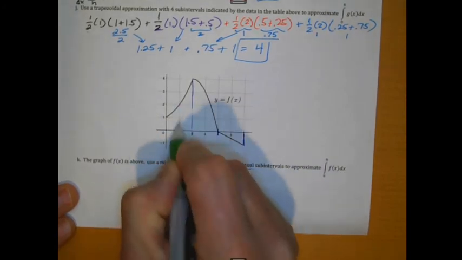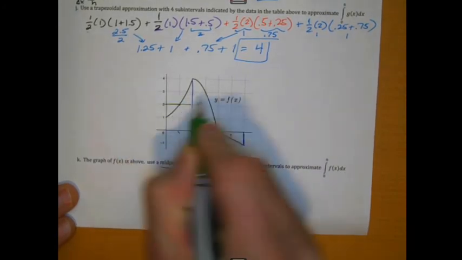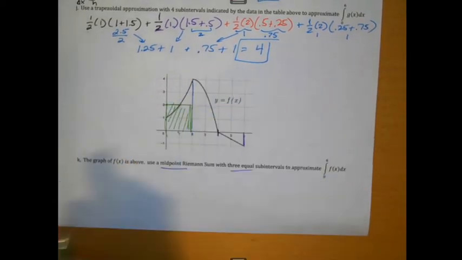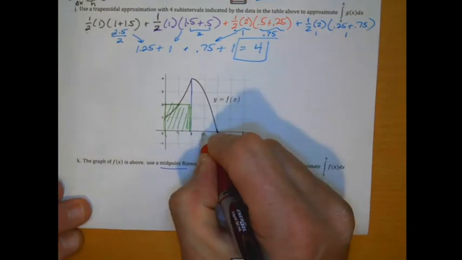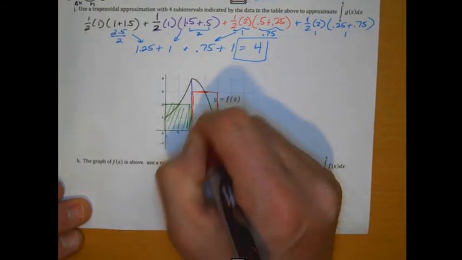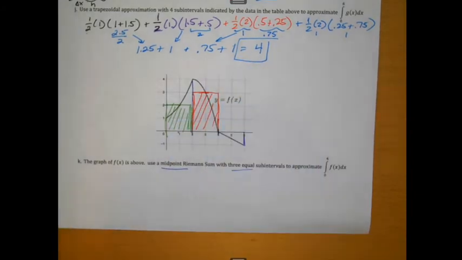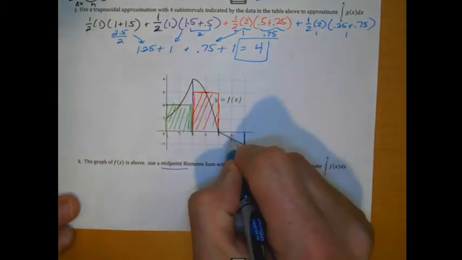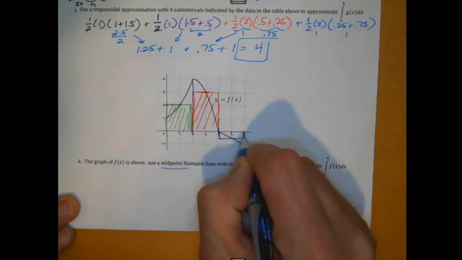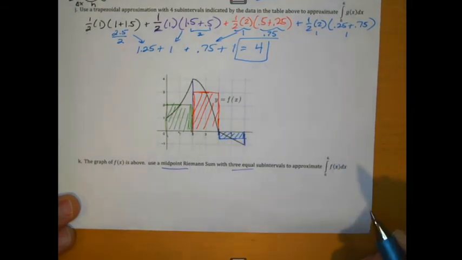So 1, we're going to go up to where it hits that graph. So 1 is going to be this area right there. At 3, it hits right here, so it's going to be this area right there. And here, it's going to hit halfway between, which is going to be that area right there.